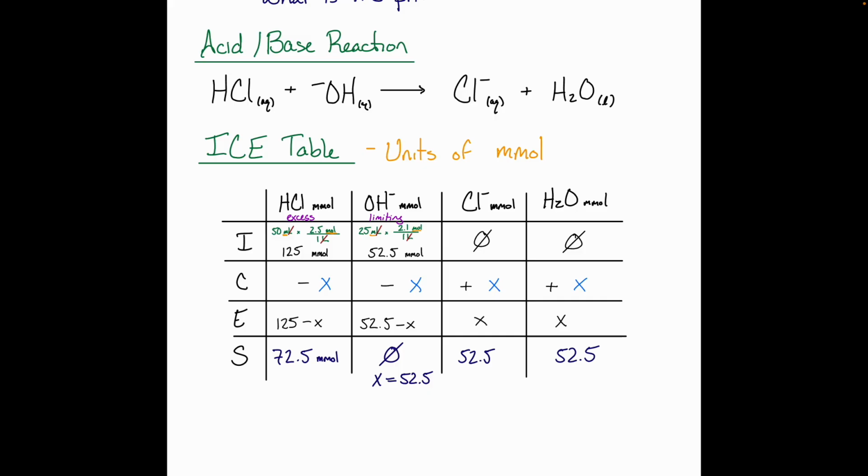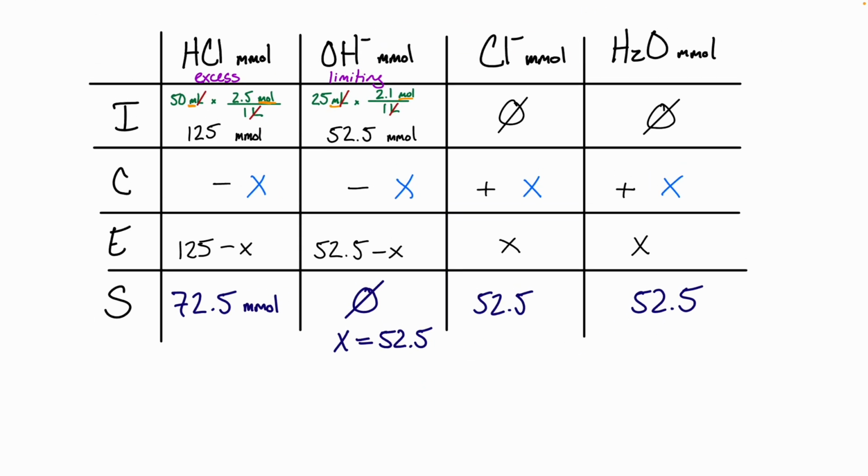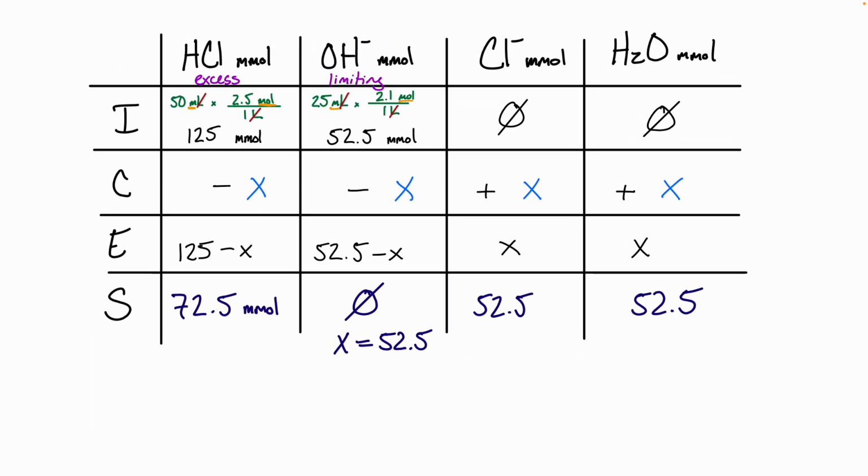Okay, now we're talking about the pH of this solution. So yes, I created 52.5 millimoles of chloride, but do I care? No. And why don't we care about the chloride? No, chloride's fine, because yes, it is neutral.